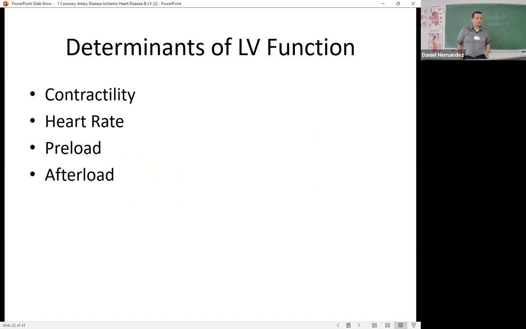These are now going to be your main determinants of LV function, or different things that will affect a patient's left ventricular function. The 4 main terms we're going to go over are contractility, heart rate, preload, and afterload.